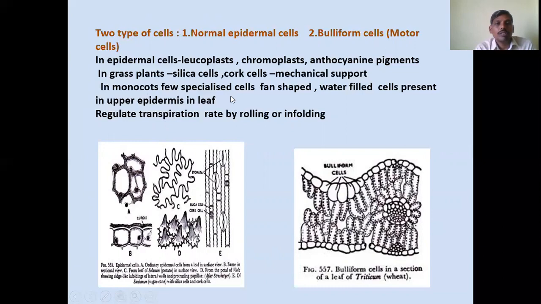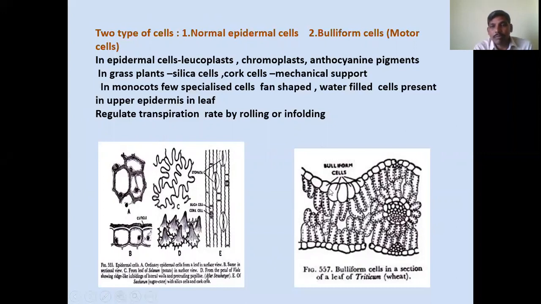In monocots, a few specialized thin-walled, fan-shaped, water-filled cells are present in the upper epidermis of the leaf. These specialized cells are called bulliform cells or motor cells. Normal epidermal cells are rectangular, and this epidermis is interrupted by small tiny pores.